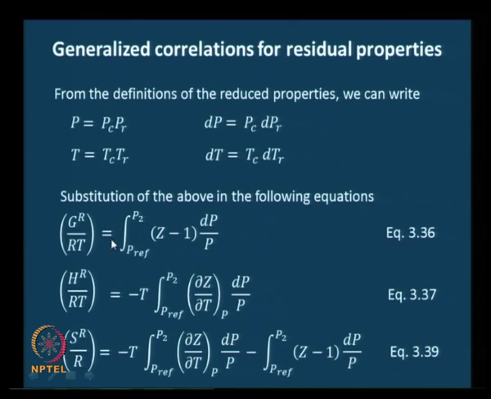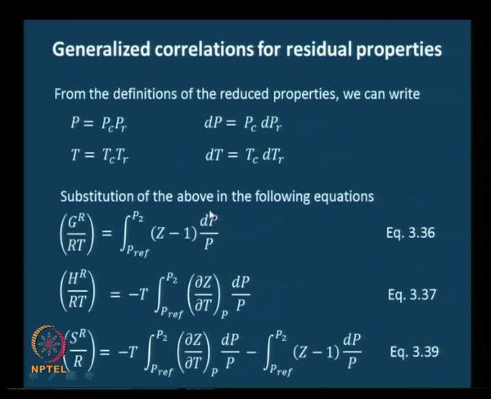And towards the end of the class I had said if you can substitute these expressions into equations 336, 337 and 339 and develop the correlations, it will be better, you would understand where it comes from. For example, to give you an idea, for T you put in Tc Tr, for dP you could put Pc dPr, and P would be Pc Pr, and the Pc would cancel out here.